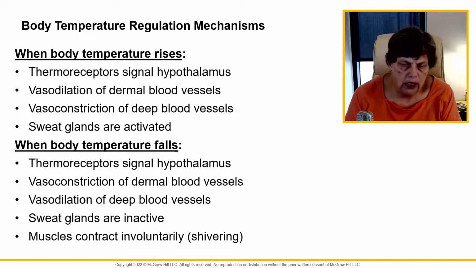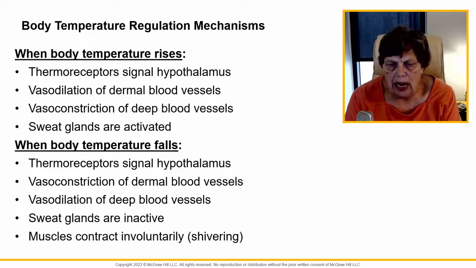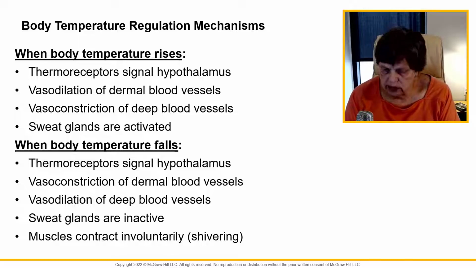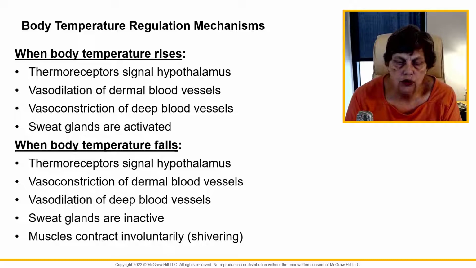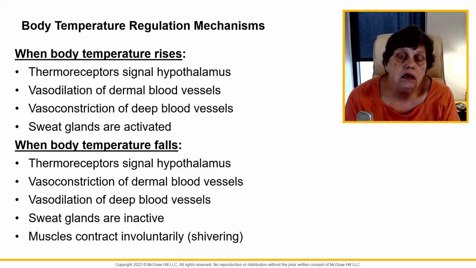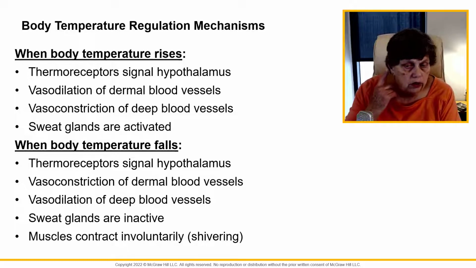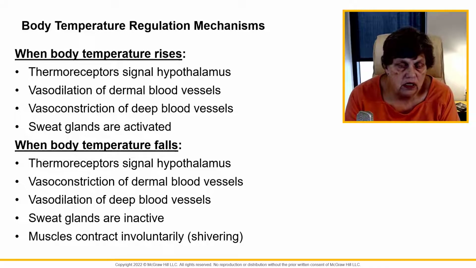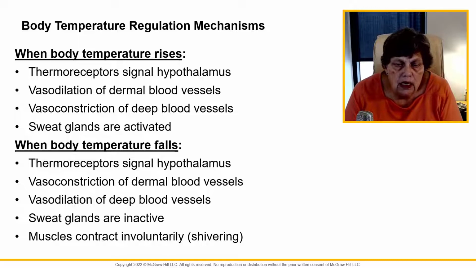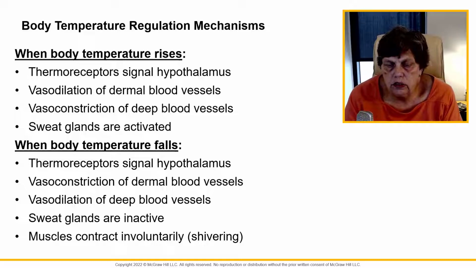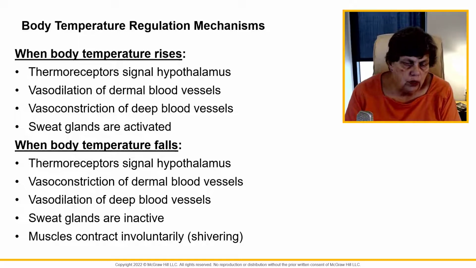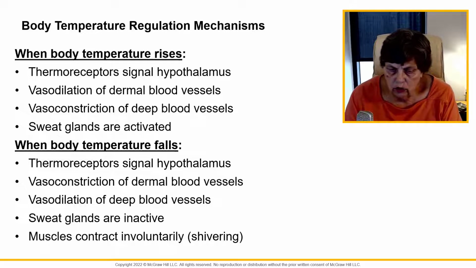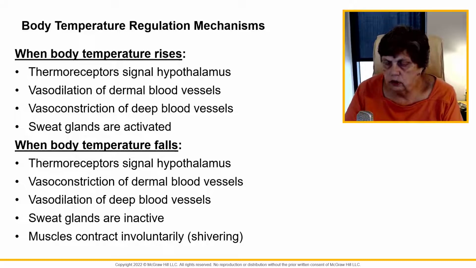We move the blood into the core of the body, which is why in a seriously cold temperature, you can get frostbite on your nose and your ears and your toes and your feet and your fingertips, because we are moving all that blood into the core of the body. The sweat glands are inactive. We don't want to lose heat, and we start to shiver, and by shivering, the muscles are going to produce heat.